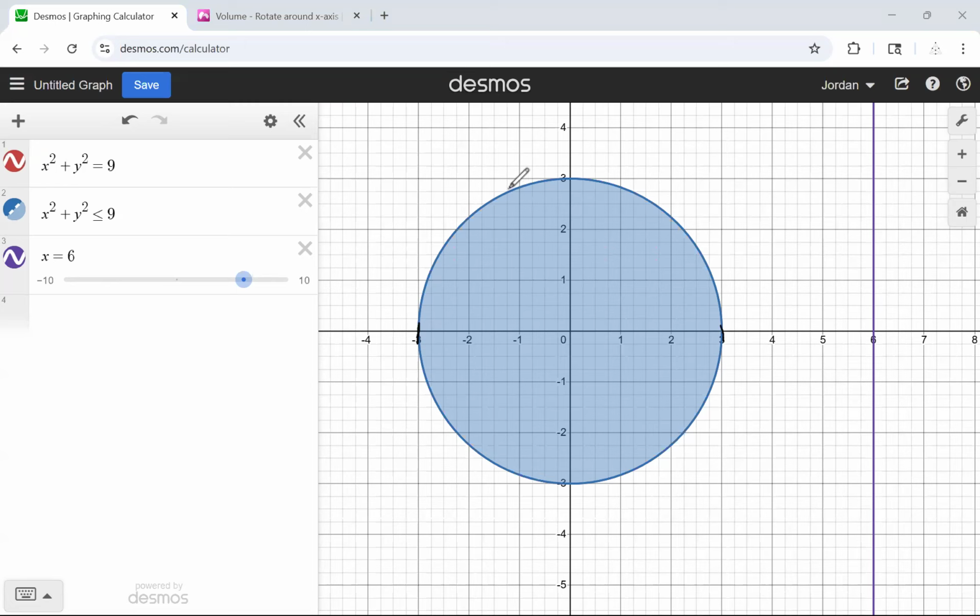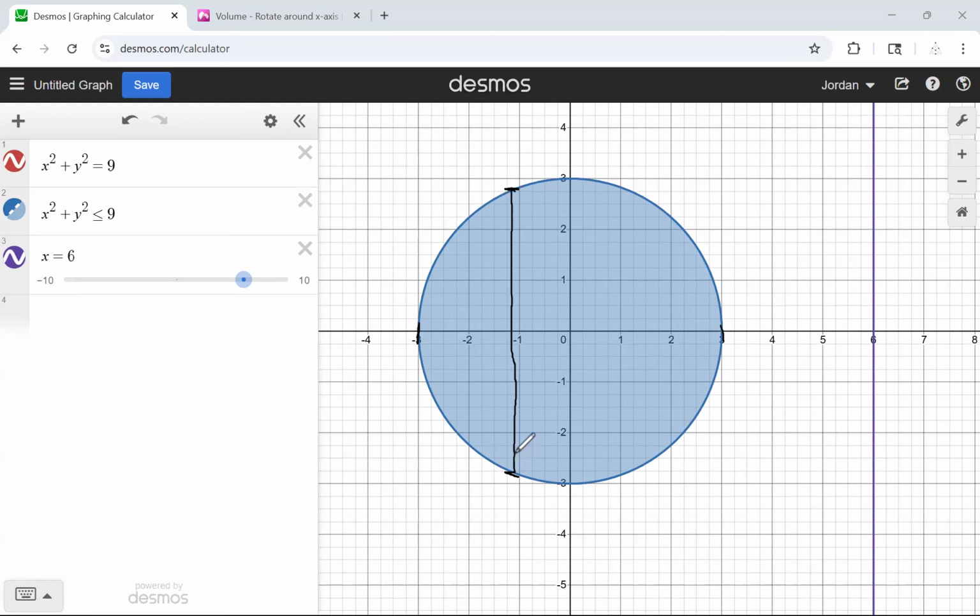And then anywhere between there, we're going to have arbitrary x values, and we're going to have a bunch of little rectangles that are creating our cylinders. The rectangle is going to go from the top half of the circle down to the bottom half of our circle.